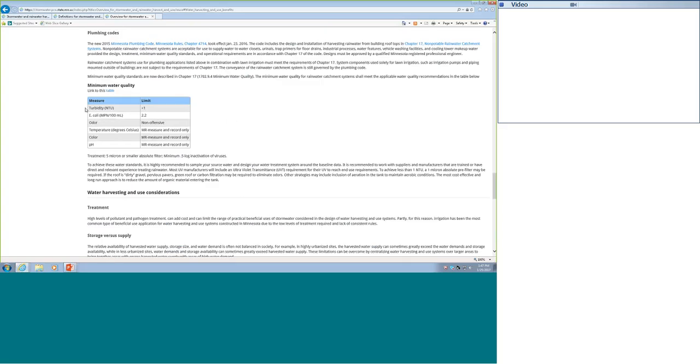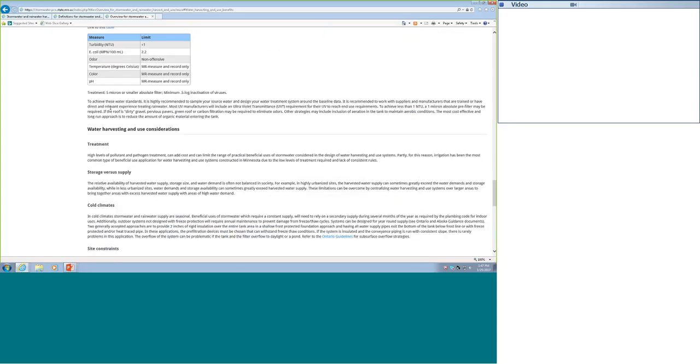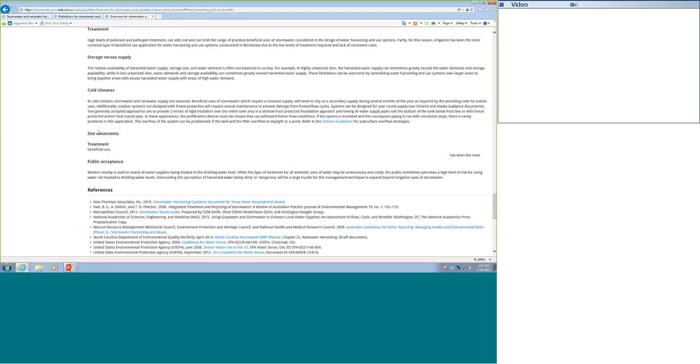And then I just wanted to go through, at the bottom of this page, we also went through some key considerations of the system. So again, it has different treatment requirements and more intense treatment requirements than other stormwater BMPs. The storage versus supply that you need, how much you can store, how much you can harvest versus how much you need, constant versus occasional use needs, whether it's flushing a toilet, which would be year-round, or irrigation, which is seasonal.